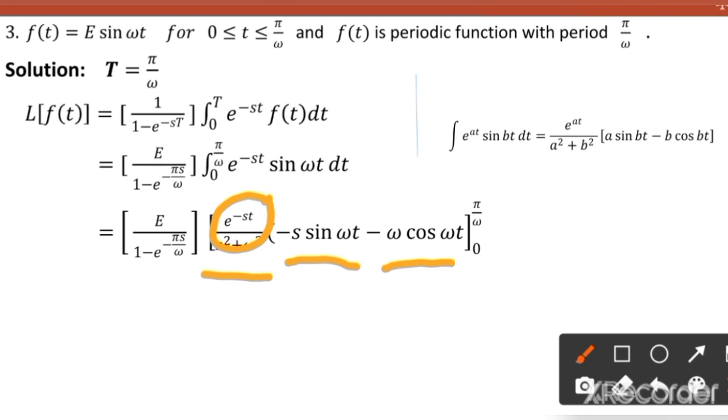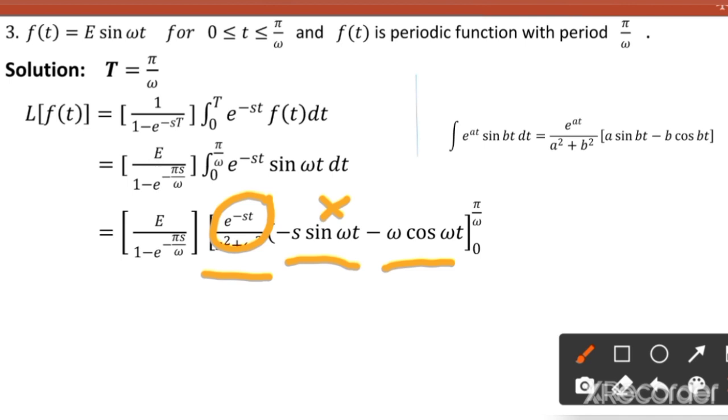While applying the upper limit, sin omega into pi by omega, the omega cancels, giving sin pi, which is 0. Again for the lower limit, sin 0 is 0. So the sin omega t term with exponential minus st vanishes after applying both limits.